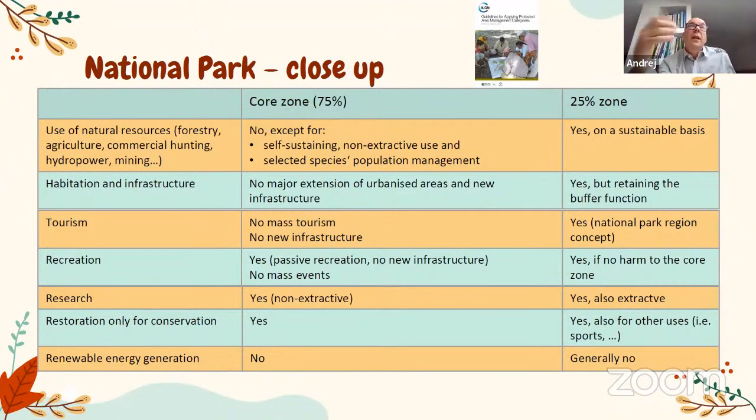Sport events are not really a big contribution to the appreciation of nature. They are more for our own health or even competition purposes. Please read this if you're interested, because we don't have time for this. It's just prepared for you to look at later. Let's go to the next slide.